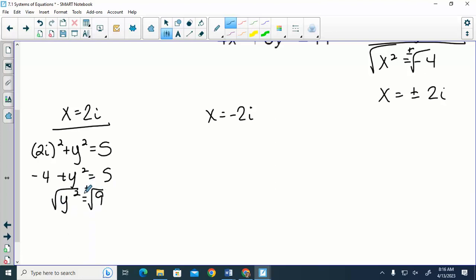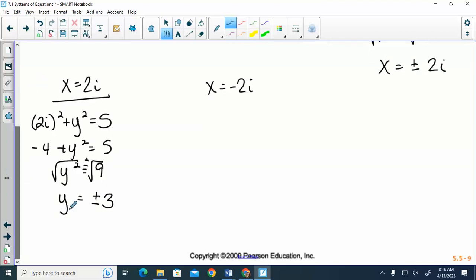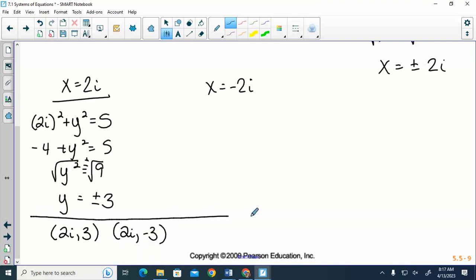Square root, I would have to do plus and minus again. Wait, do you want 2 ordered pairs then? What we're going to have here is actually 4 ordered pairs. So when I plugged in 2i, I got 2 possible answers. So I could have 2i and get positive 3, or I could have 2i and negative 3. Can we just say plus and minus 3? Go ahead and write them separate.